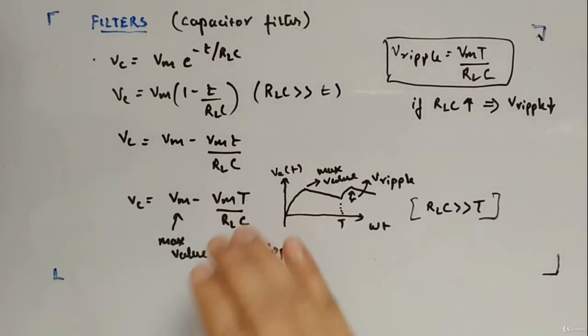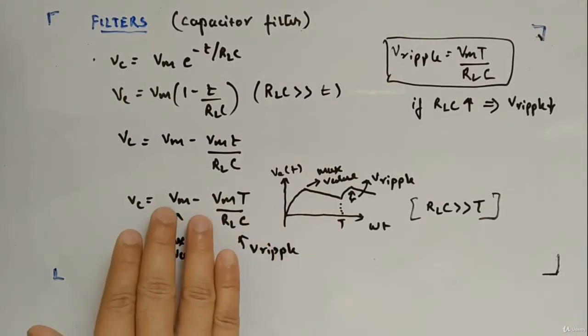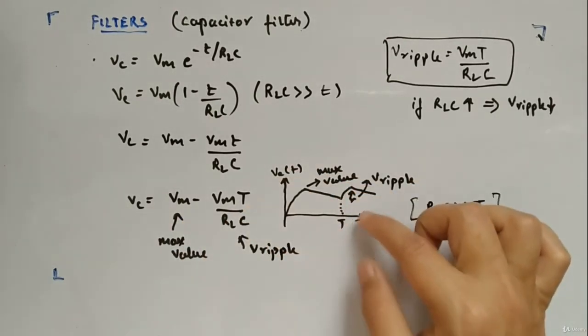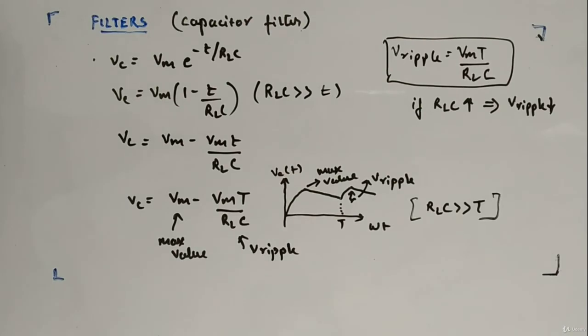How much it is subtracting from the maximum value is the ripple voltage. This is the ripple voltage, Vm T divided by RLC.